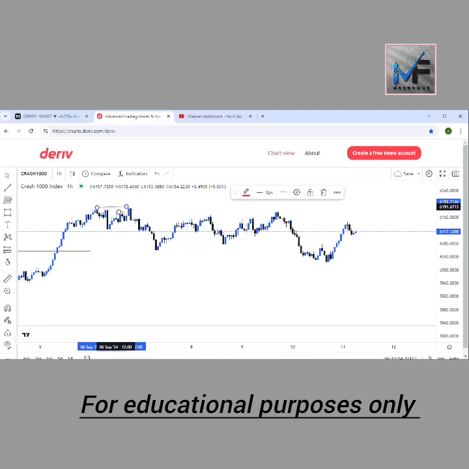Okay, probably H1 has not given us any kind of structure, but it has given us a change of character somewhere around here. So this was a change of character, which makes, okay, maybe price will sell.